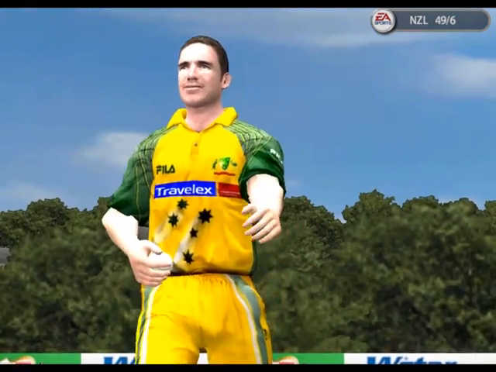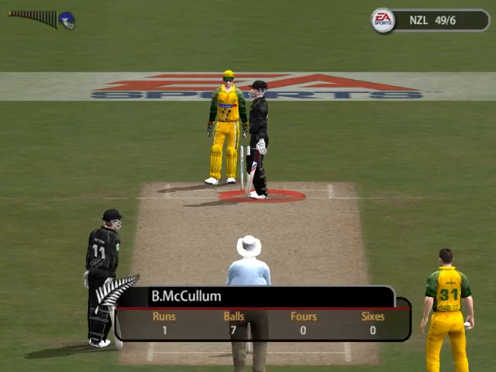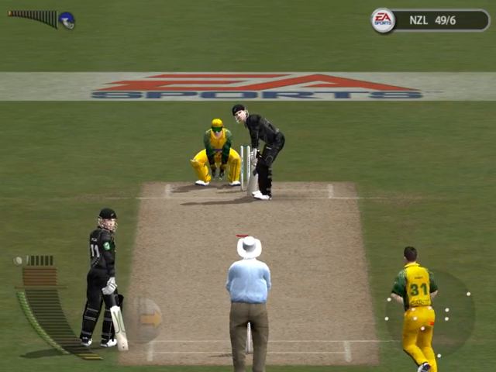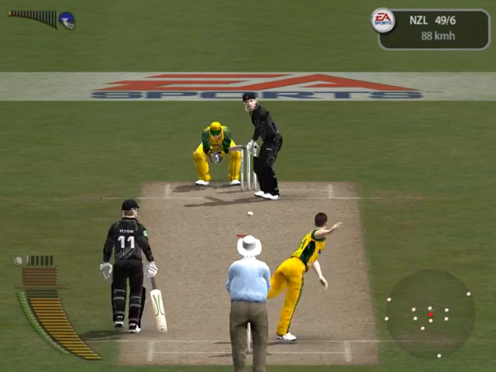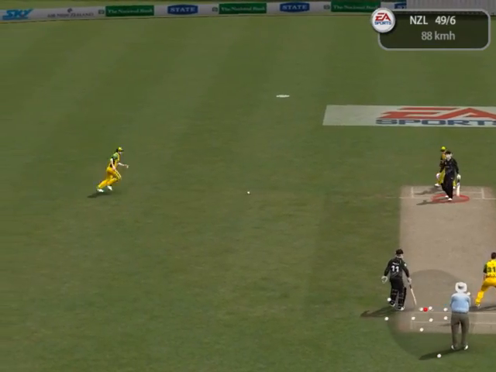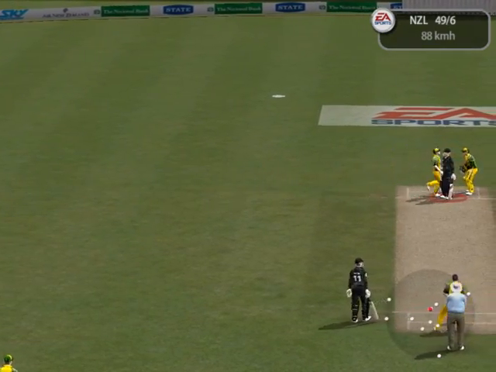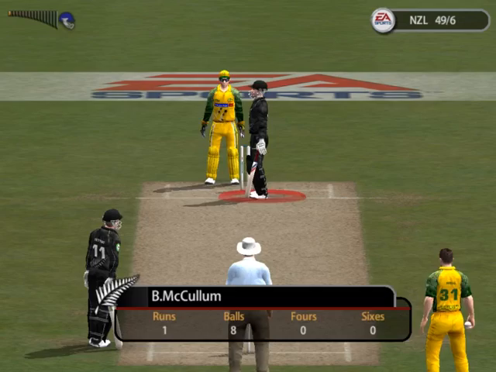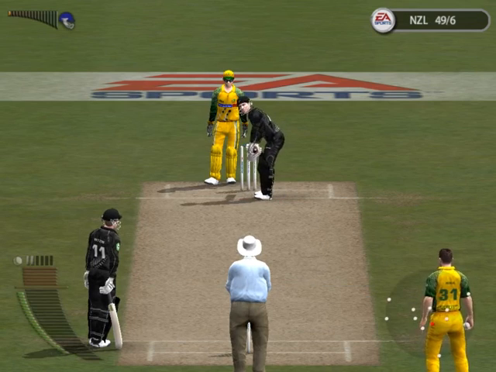New Zealand require 7 to win. McCullum facing. So they need 7 to win from 28 balls. Hogg, the ball to McCullum.